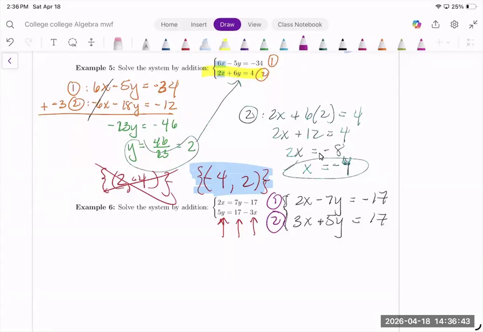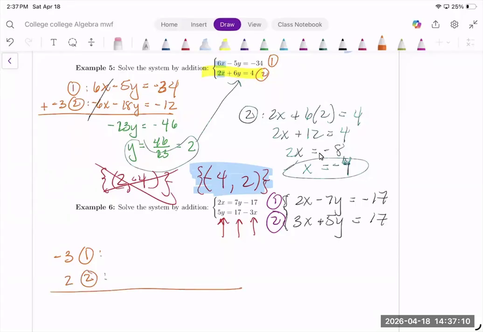But really, if you want to get the common multiple for 5 and 7, which is 35, go crazy. I'm just going to do a 6. A common multiple of 2 and 3 is 6. That means I'm going to run a -3 through equation 1 and a +2 through equation 2.